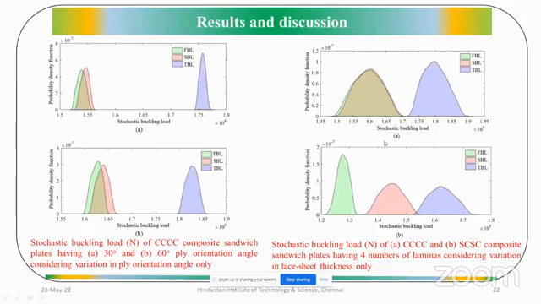For the CCCC boundary condition, in the case of number of lamina, the first and second buckling modes are overlapping, and for 30 degrees and 60 degrees, in both cases the first and second buckling loads are overlapping.